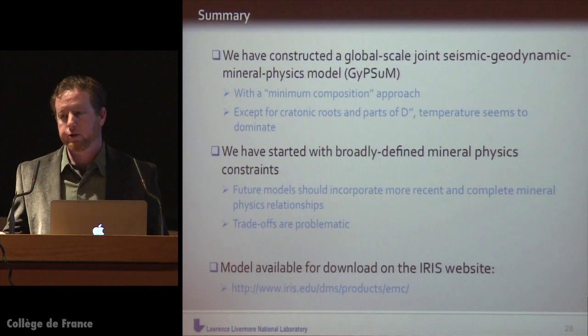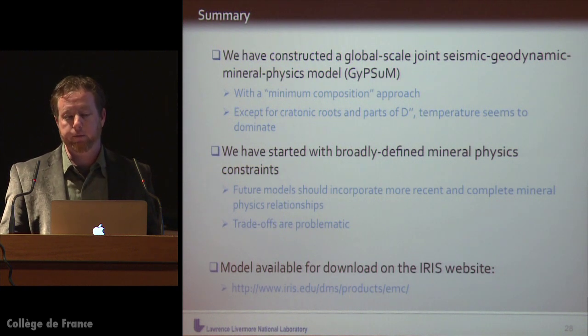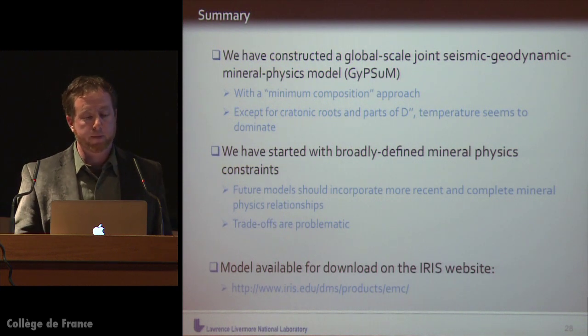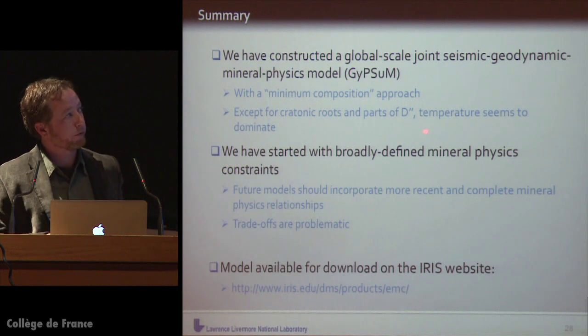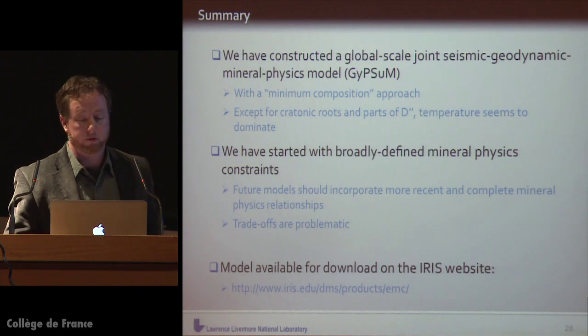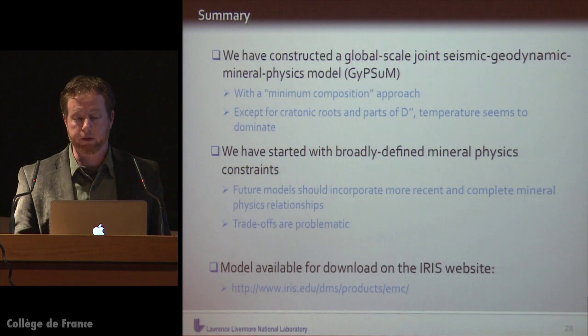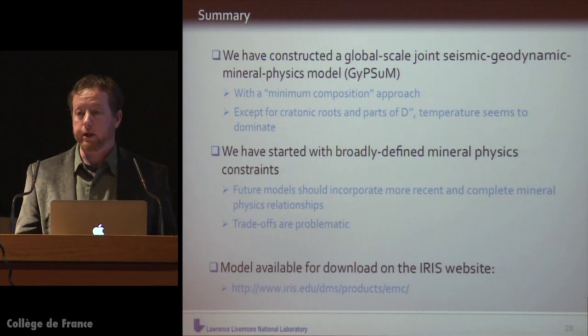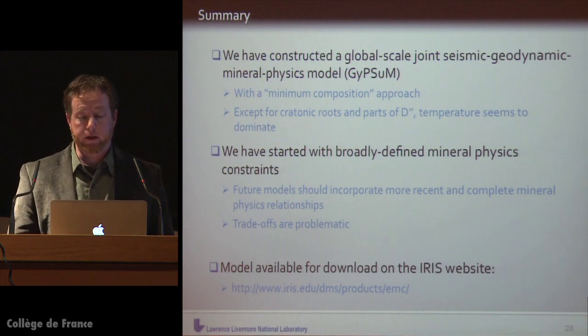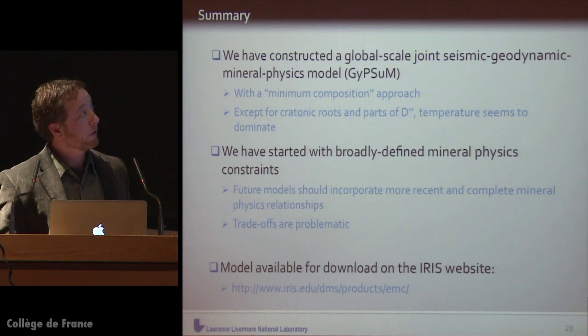But then it has a residual component that cannot be explained readily by temperature variations. And except for the cratonic roots and parts of D double prime, we find that temperature seems to dominate the anomalies, or can be done that way with the data and procedures that we've used.